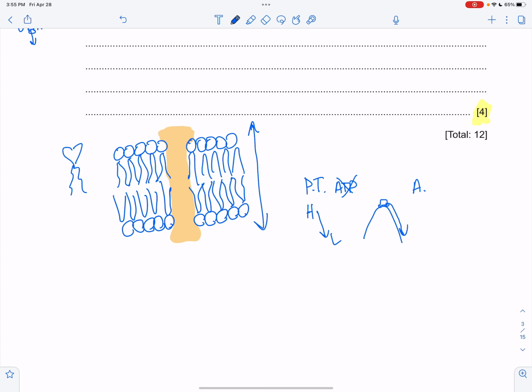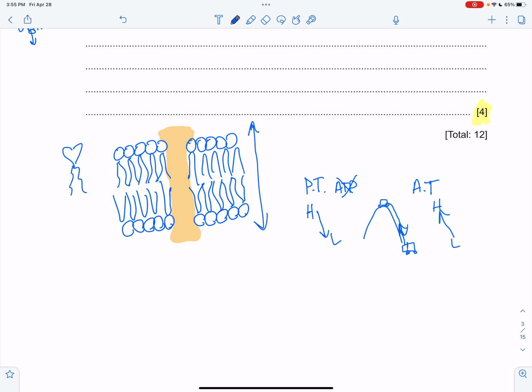But active transport does require energy. Now this is if your car was at the bottom of the hill and it needed to go up. So you need to turn it on, you're going to need to give it some fuel. So going from a low to high concentration, where you have a low amount of something to a high amount of something, will require active transport.